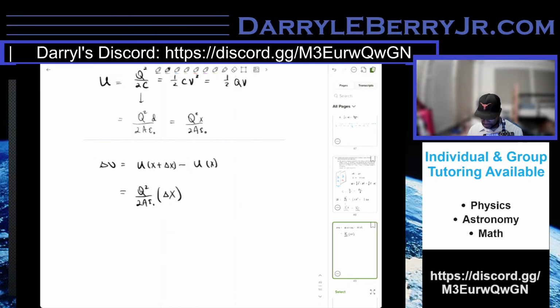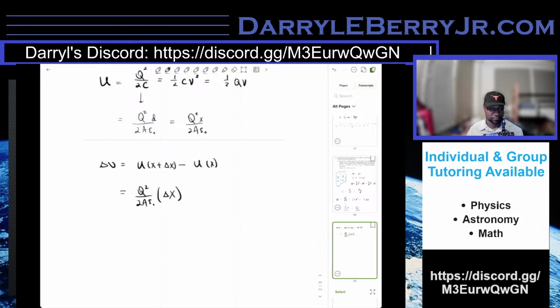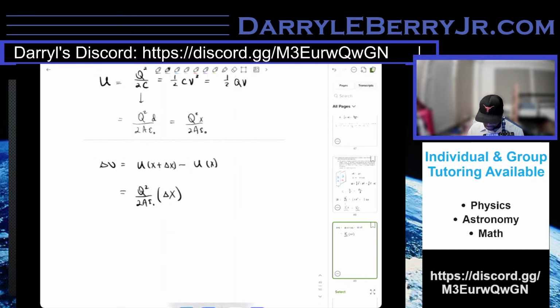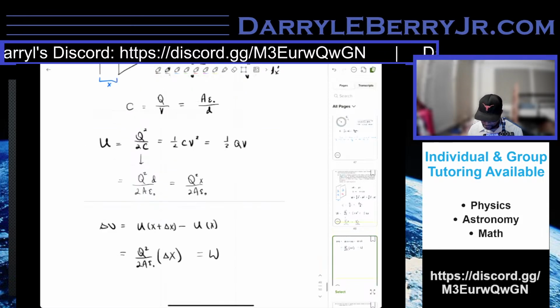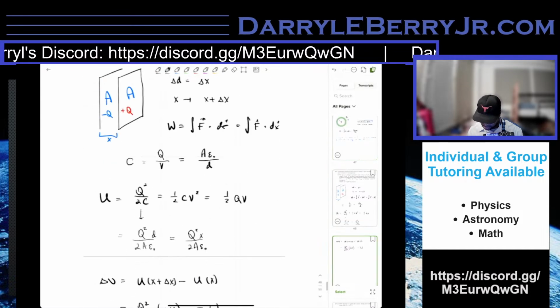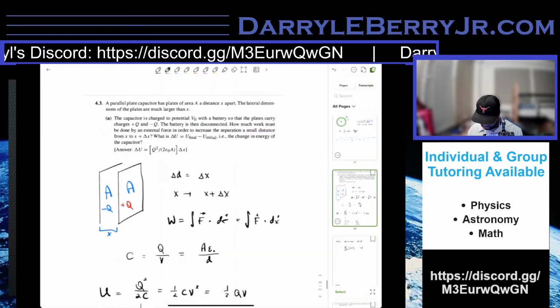That's change in x. And that's also going to equal the work. So the work is going to be the change in energy, and it seems to be what they have.